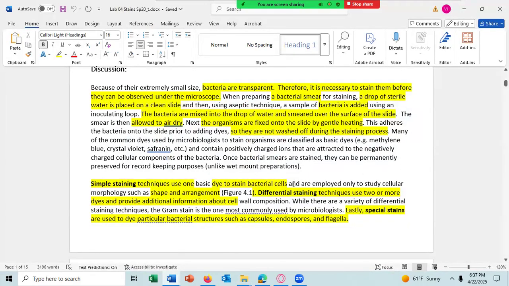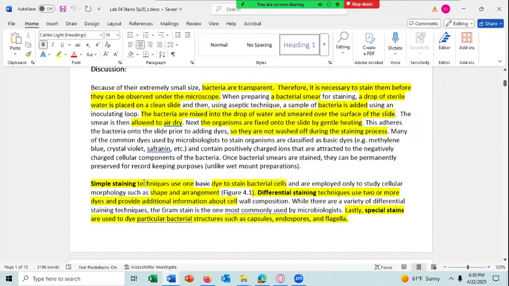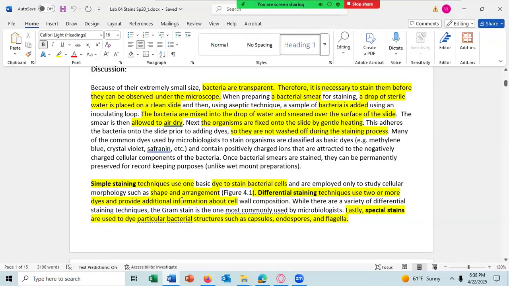All right, a simple stain is simply a technique using one dye to stain the bacterial cells. You'll note I crossed out the word basic there. Doesn't matter if it's a basic dye or an acidic dye. You use one dye and that will be a simple stain. You can get the shape and the arrangement of the cells, but all the cells will stain the same color with a simple stain.